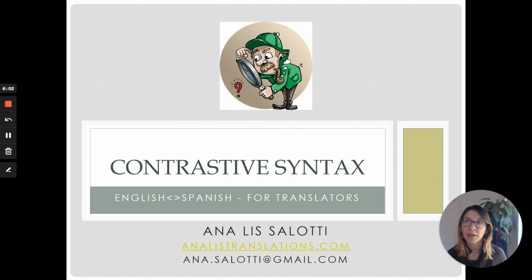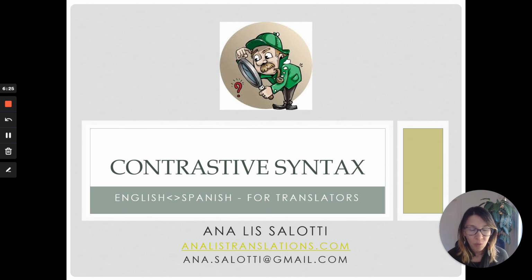And we're going to try also to identify the different gerundial phrases in English and the gerundios in Spanish and use them correctly. And also we're going to be looking at, for example, the subjunctive, how to use the subjunctive mood in English and in Spanish correctly, and how to recognize them too.